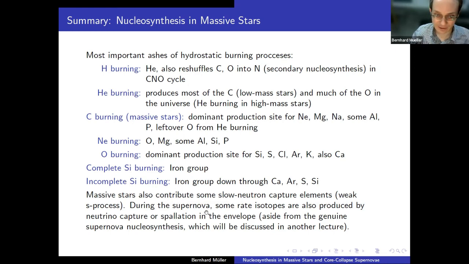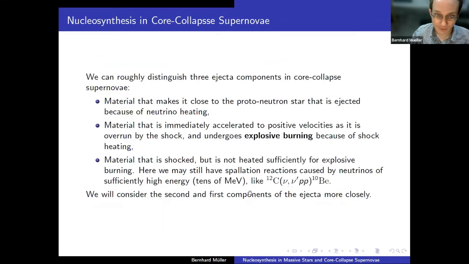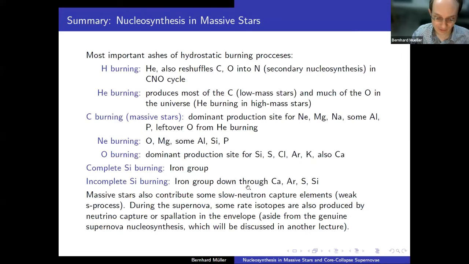And I hinted at, from the neutron excess isotopes that you have in between, you can liberate some neutrons again and make some slow neutron capture process elements. You'll see that later on in the overall production factors that I'm going to show you.